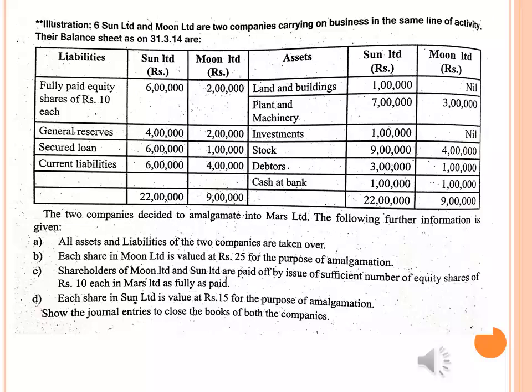We have to value them at 15 rupees for Sun Limited and 25 rupees for Moon Limited for the purpose of amalgamation. That is why they have given it. So we will check the next slide to see how we calculate the purchase consideration.